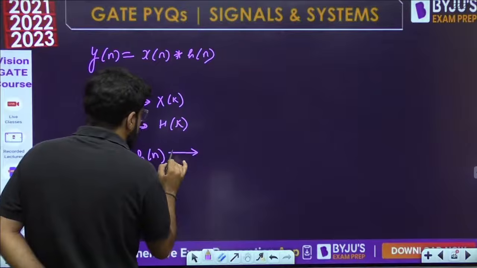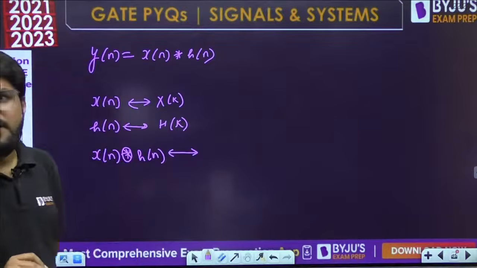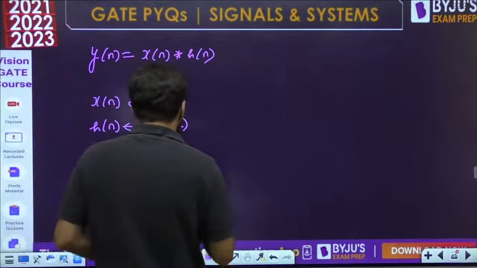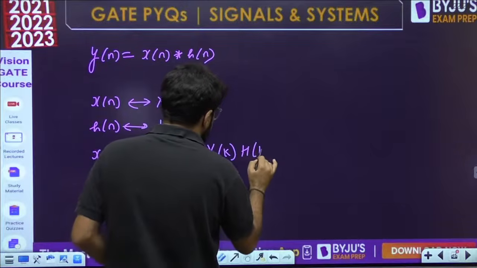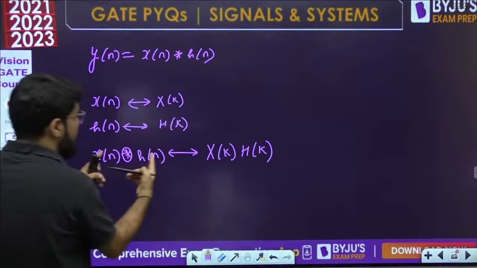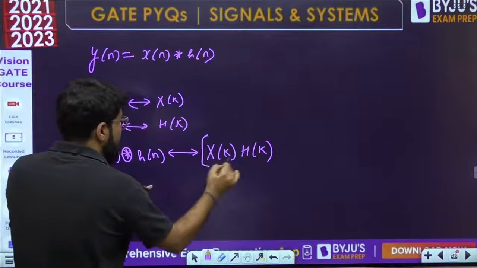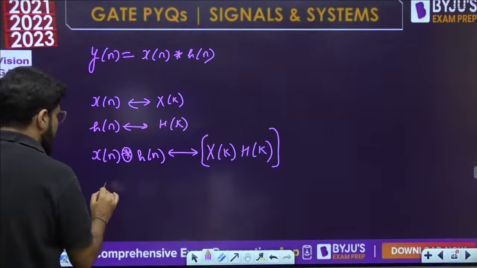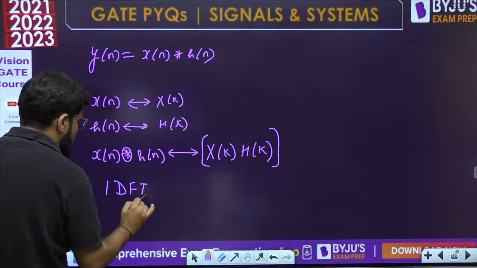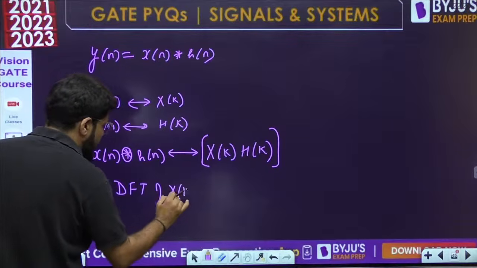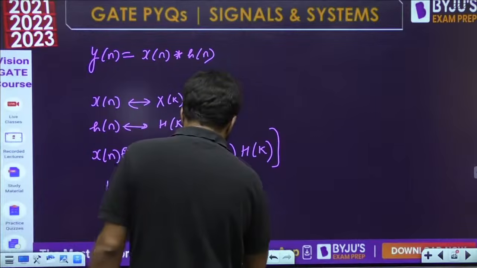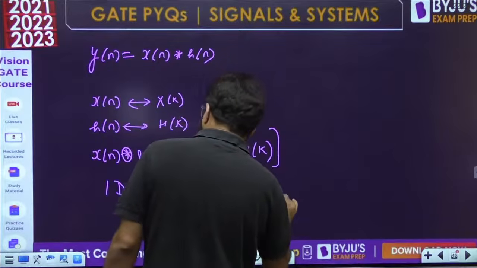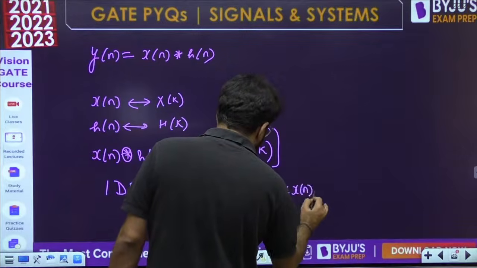In the DFT there is the circular convolution property: xn circular convolution hn is given by xk into hk. So what is the IDFT of the product of the DFTs xk and hk? That IDFT they have called zn, and that is xn circular convolution with hn.